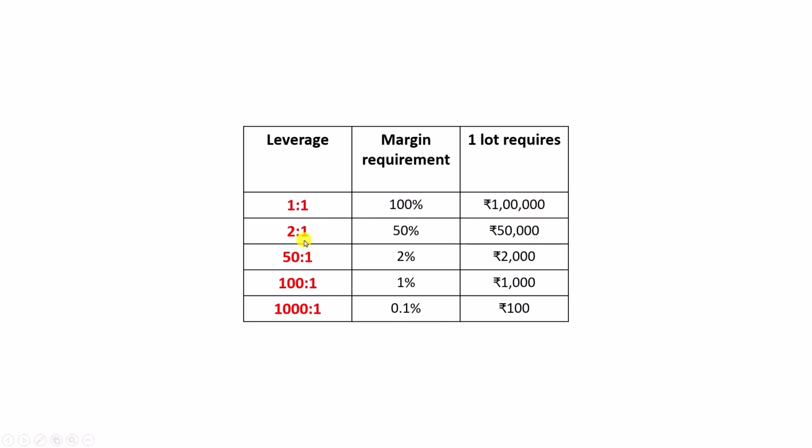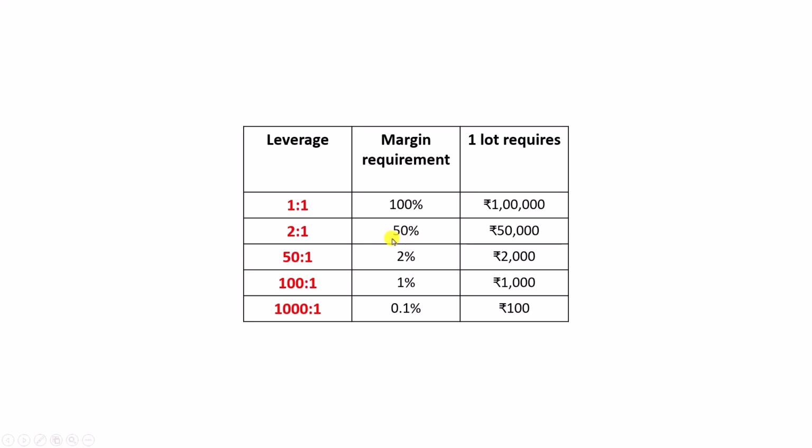Now, if your broker offers this leverage, then it means the margin required is 50%, meaning whatever money you add to your account, the broker will give you exactly the same amount.